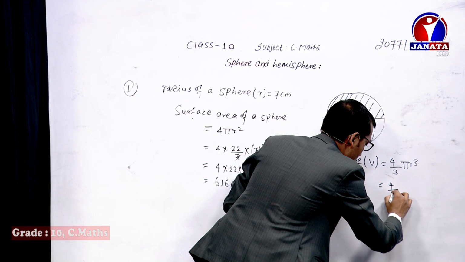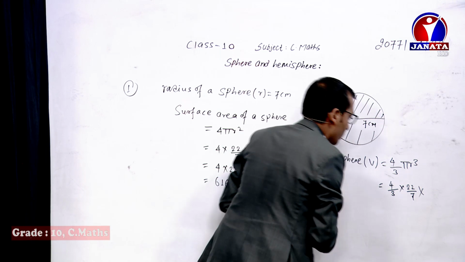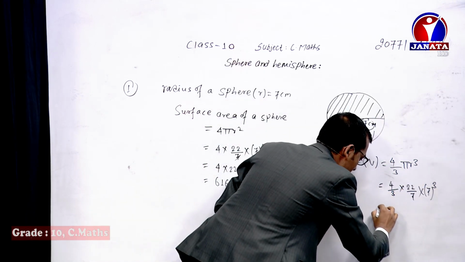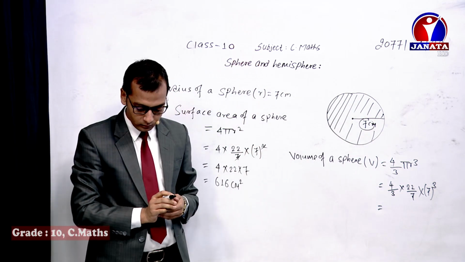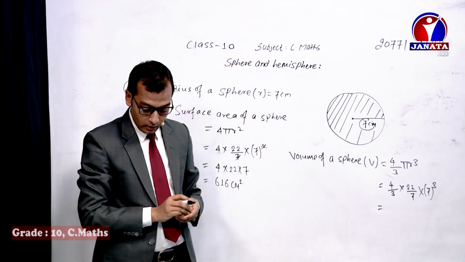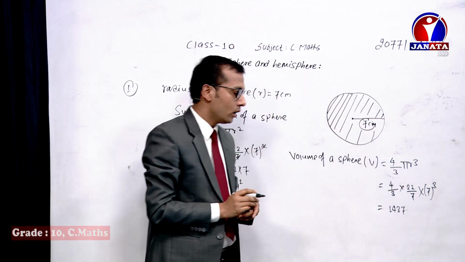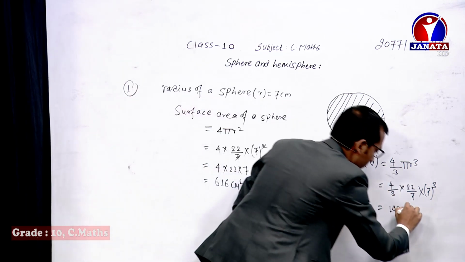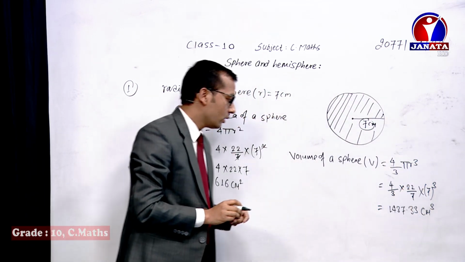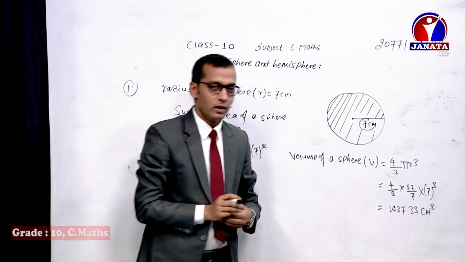So 4 over 3 times pi, which is 22 over 7, times r, which is 7, so 7 cube. We can calculate this and get the volume of the sphere. It's 1437.33 cubic centimeter. So this is the volume of a sphere having radius 7 centimeter.